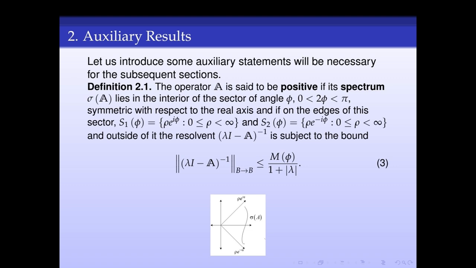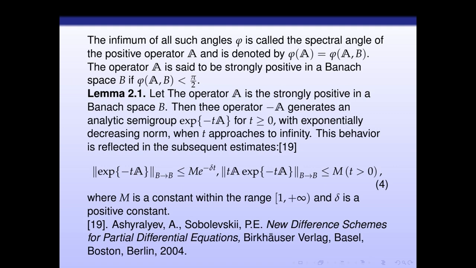The infimum of such angles phi is called the spectral angle of the positive operator. The operator is said to be strongly positive in the Banach space if the spectral angle is less than pi over 2.